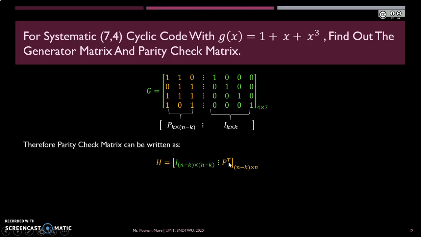Here P transpose is nothing but the transpose of this matrix, and therefore our parity check matrix is an n minus k by n minus k identity matrix, in this case a 3 by 3 identity matrix, and the P transpose which we have got from this matrix.